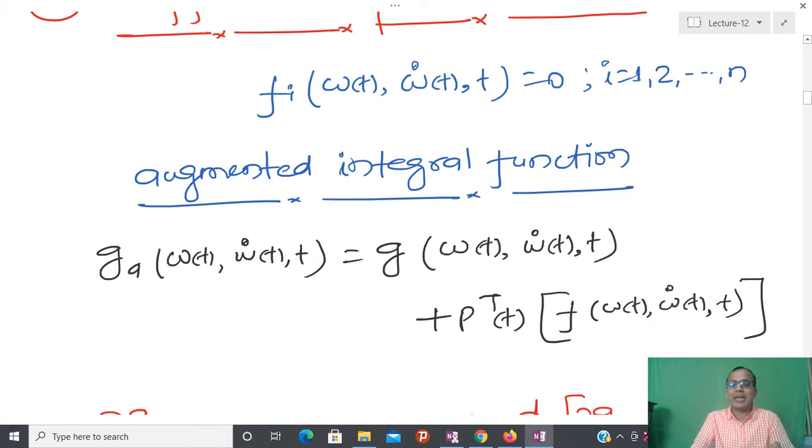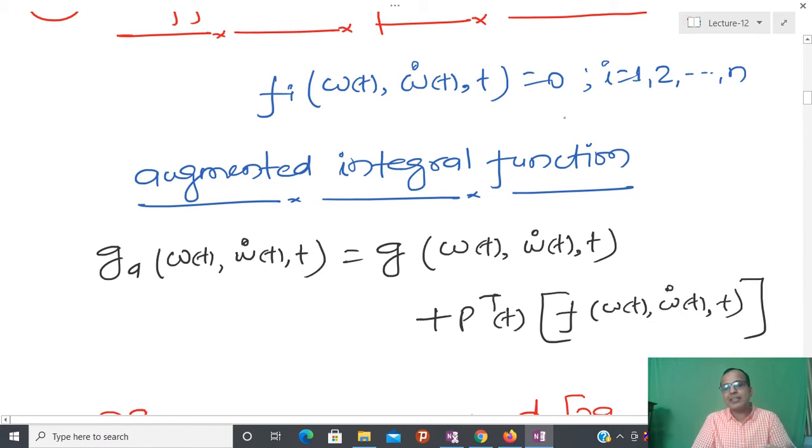Most of the time we represent our system with some kind of differential equation that might be autonomous, non-autonomous, or some kind of nonlinear differential equation, and due to that reason I have represented it in a more general form.